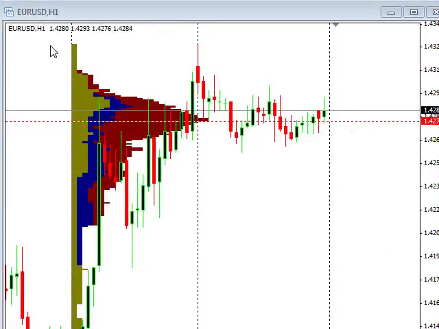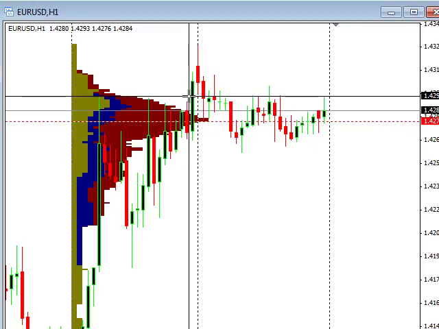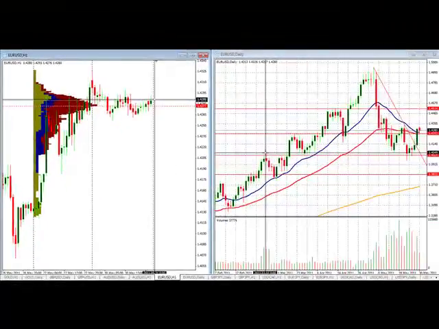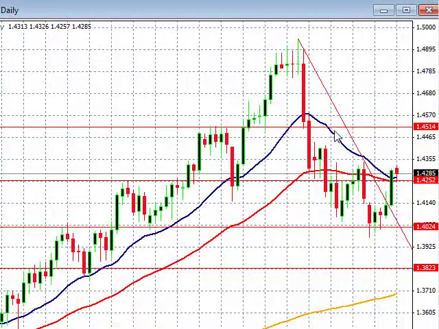That's all fine. On the hourly, we can see if we can get above 1.4300, we should be able to continue to move higher. Possibly now we're in this channel here. So, that's what we're looking for in the dollar. So put an alert at today's high for a move higher.